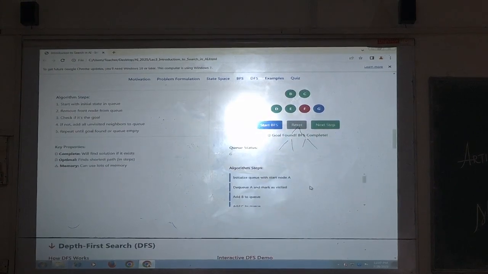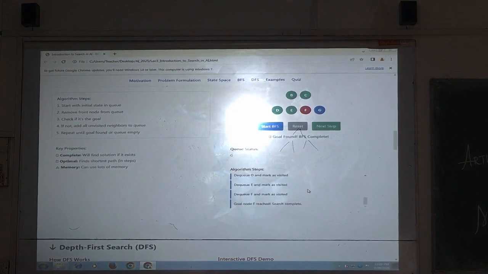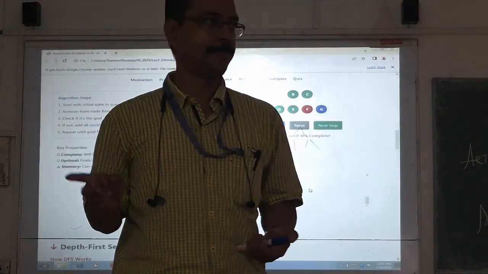Now in the next class, you can see all the steps. In the next class I will discuss DFS, and then compare the efficiency of BFS and DFS, which is very important.